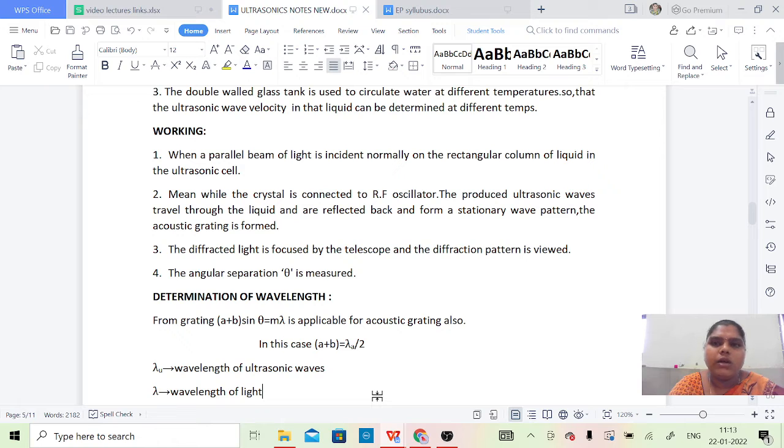Then the acoustical grating is formed. The diffracted light is focused by the telescope, and the diffraction pattern can be viewed. Now the angular separation theta is measured.